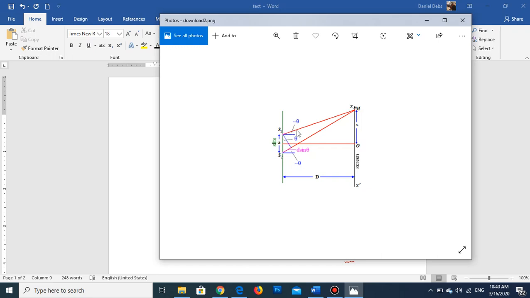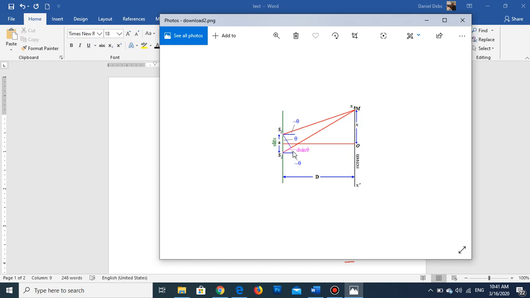So it depends on the distance covered by the wave from S1 to M, and on the distance covered from S2 to M. This is the variable that tells me about the nature of M. So it is very important to know the difference between the two paths at M.